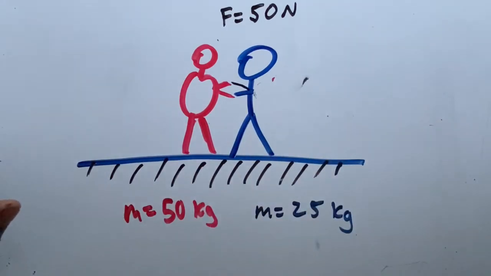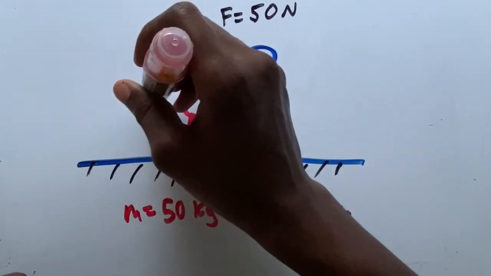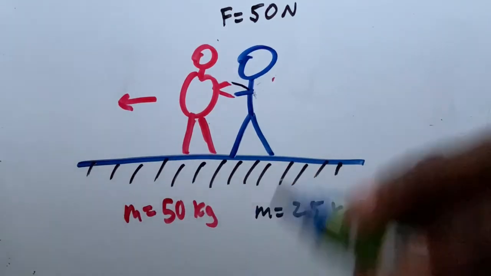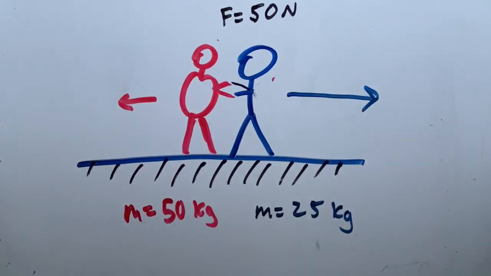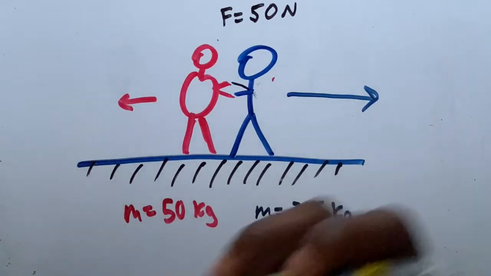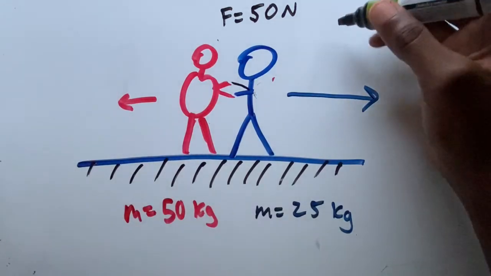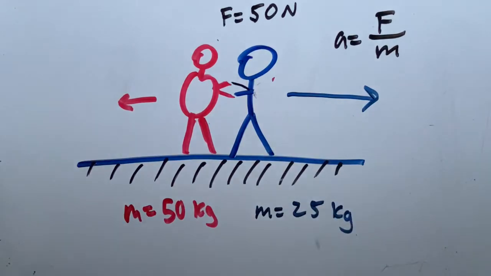So who do you think's gonna have a greater acceleration in these opposite directions? Because we know he's gonna accelerate that way, and this guy's gonna accelerate the other way. Well, we know from Newton's second law that we can find the acceleration with what? a equals the force divided by the mass.